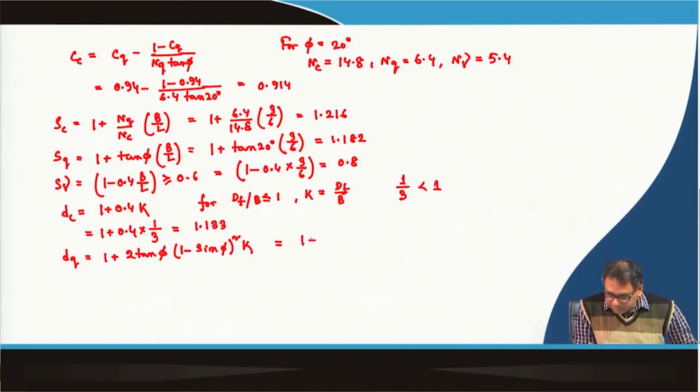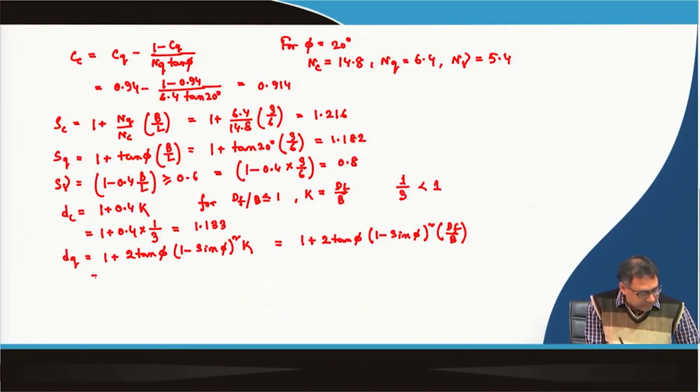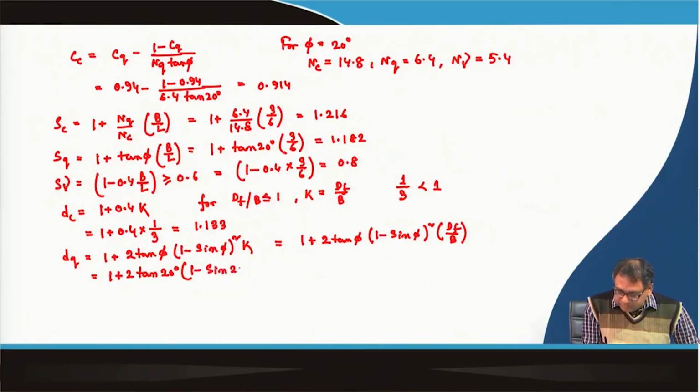So, finally, I can put 1 plus 2 tan 20 degree into (1 minus sin 20 degree) square into df 1 divided by 3.